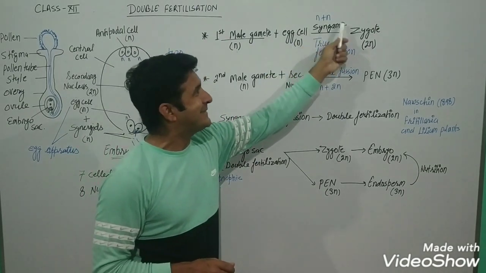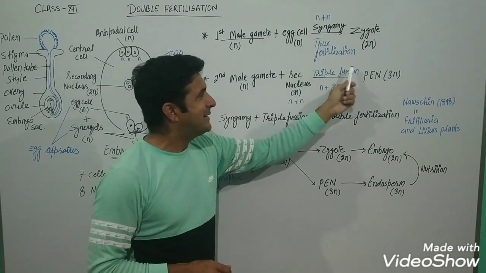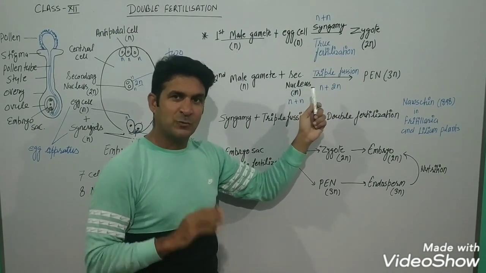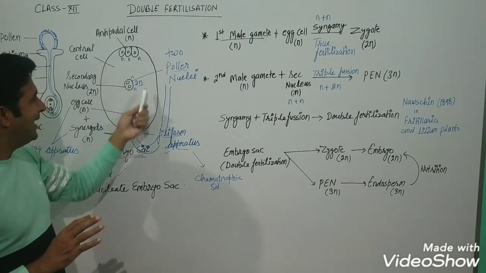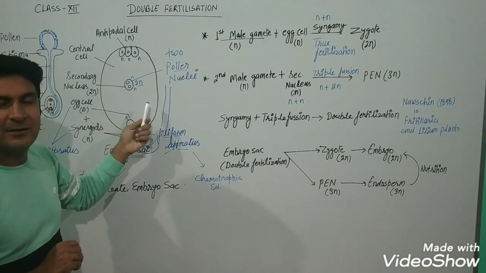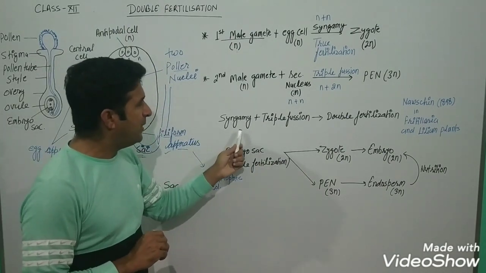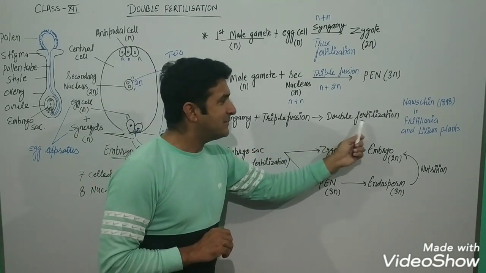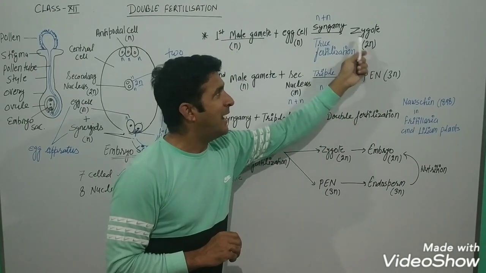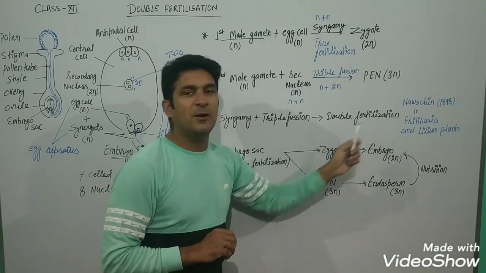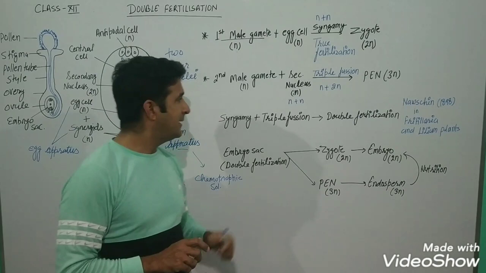So here you can see both processes, syngamy and triple fusion. Got it? Syngamy and triple fusion take place inside an embryo sac. Syngamy plus triple fusion synthesizes the zygote and the triploid primary endospermic nucleus. So this is called double fertilization, right?